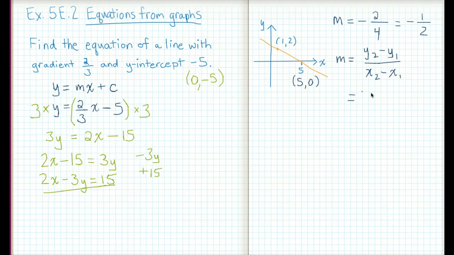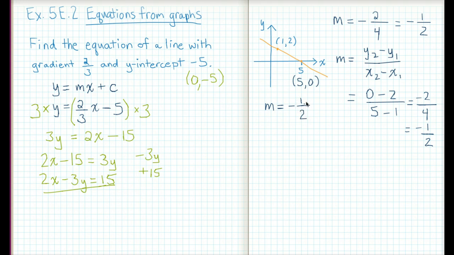And here we then get y2 is 0, y1 is 2, over x2 is 5, minus x1 is 1. And if I do that, I also get -2 over 4, and then that simplifies to -1/2. So both ways I get -1/2, whether I use the graph or the gradient formula. So far I know that the gradient is equal to -1/2.